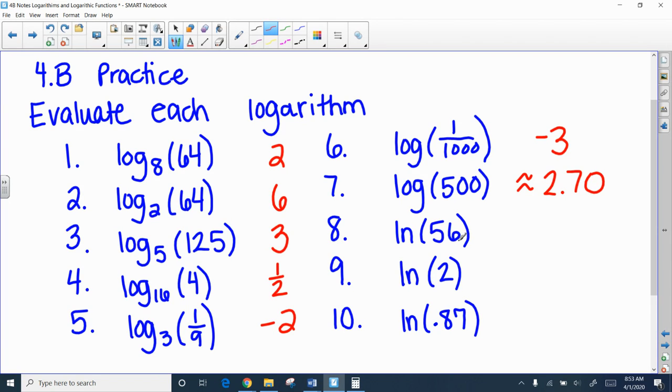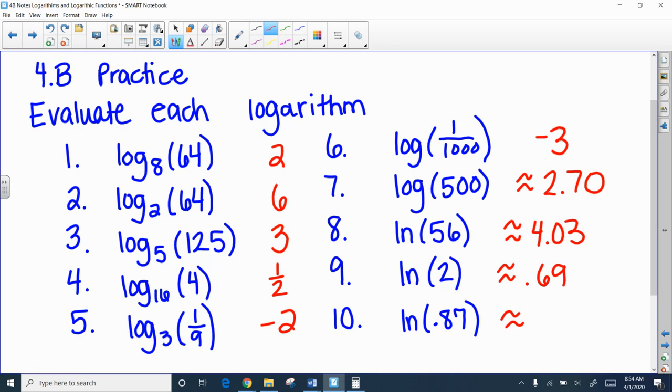Now, 8, 9, and 10, natural logs are all bases of e. But again, none of these are exact, so all of these last 3 we can approximate on a calculator. So natural log of 56 is approximately 4.03. Natural log of 2 is approximately 0.69.